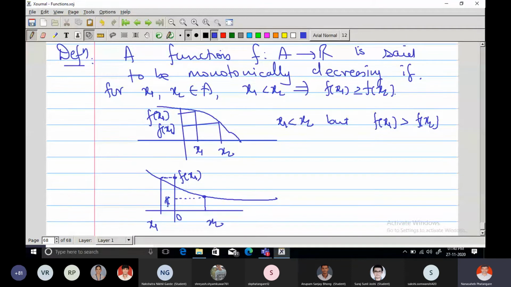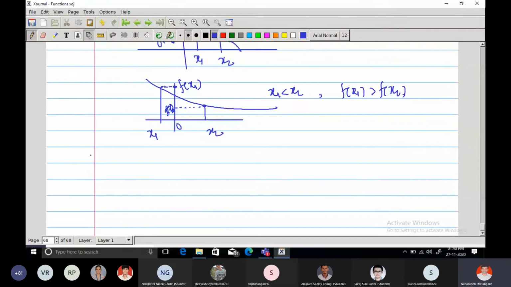So x1 is less than x2 and f of x1 is greater than f of x2 in this case. So this function is monotonically decreasing.